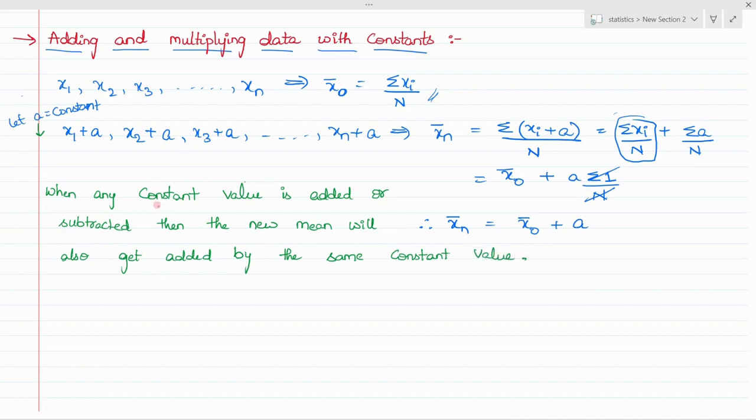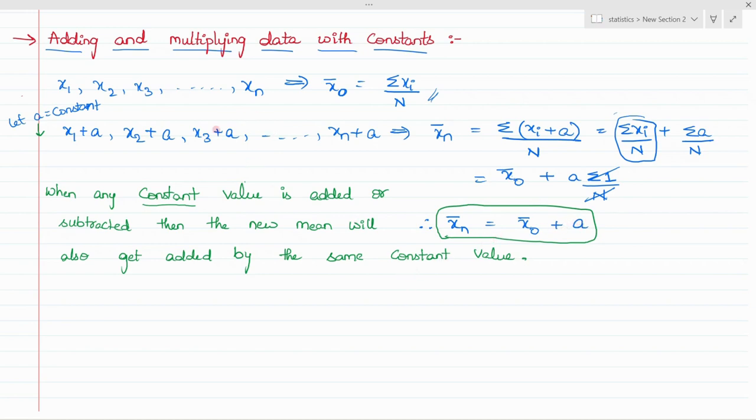Right? When any constant value, here the constant value is a, is added or subtracted. We have proved this by doing the addition. Subtraction is nothing but adding the negative value, right? Then the new mean will also be the old mean plus the constant value a.